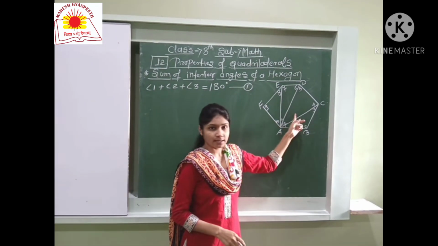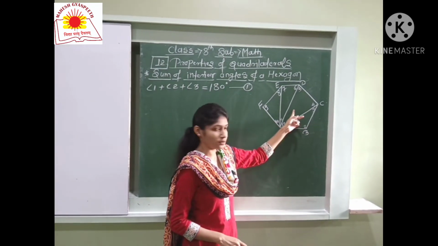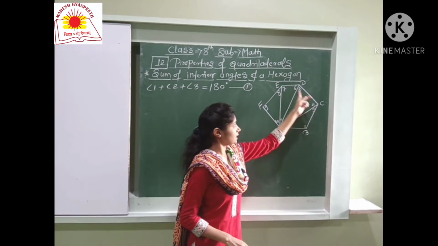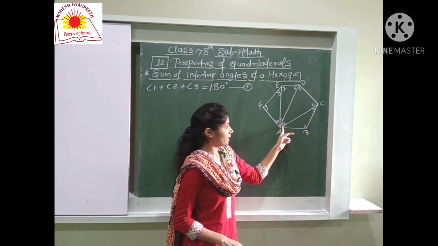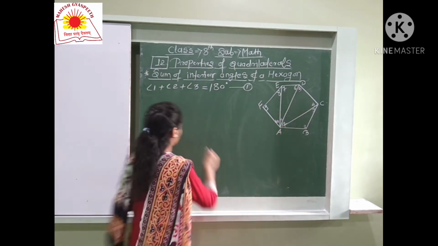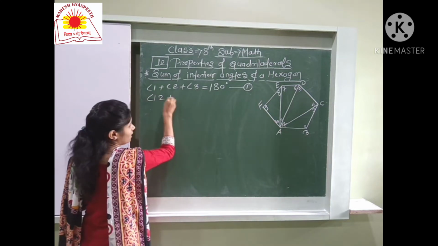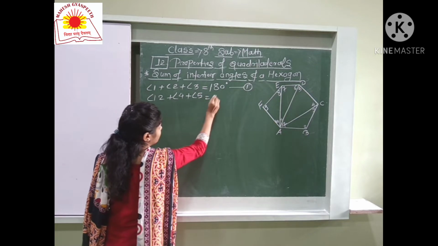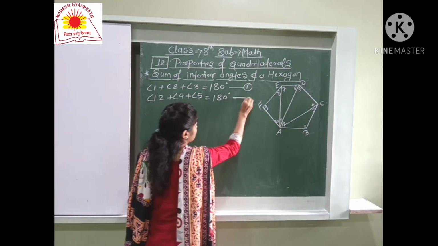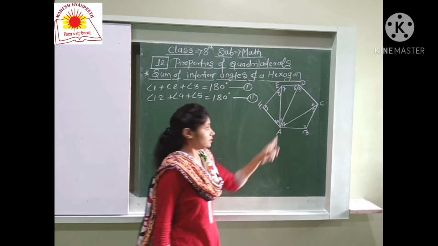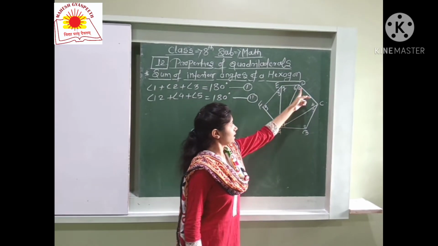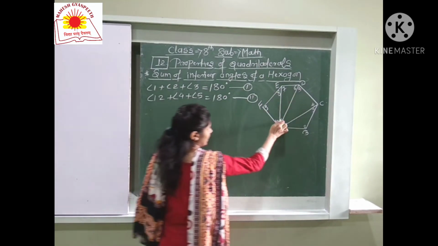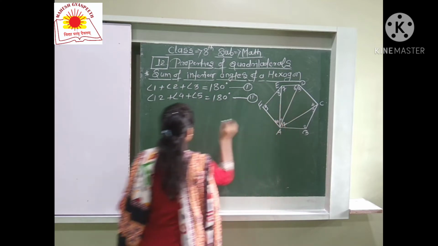Now second, come to the triangle A, C, D. It contains angle 12, angle 4, angle 5. The sum of angle 12 plus angle 4 plus angle 5 is also 180 degrees. Equation 2. Next A, D, E contains angle 11, 6 and 7.